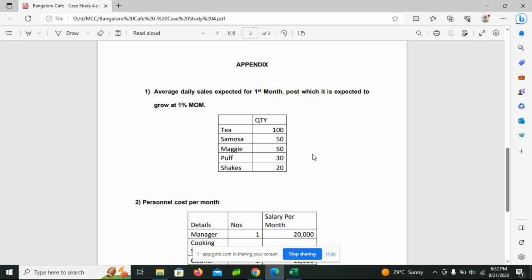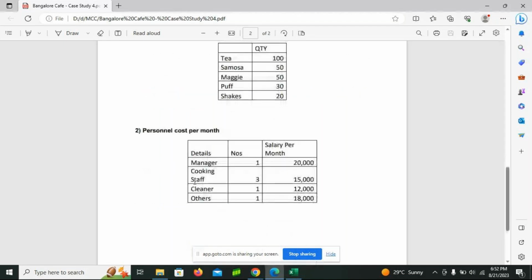Yes, ma'am. Okay, so here let's see the average daily sales expected for the first month, which will have 1% month on month growth. The quantity sold per day will be 100 teas, 50 samosas, 50 Maggi, 30 puffs, and 20 shakes. Then the personnel cost per month, meaning the people whom he is going to hire.